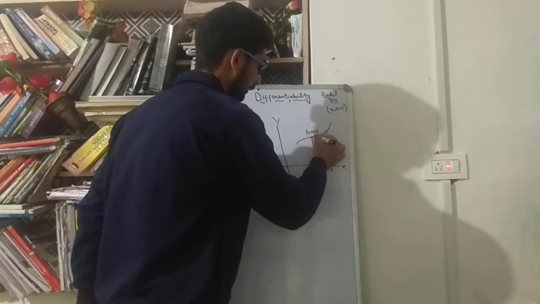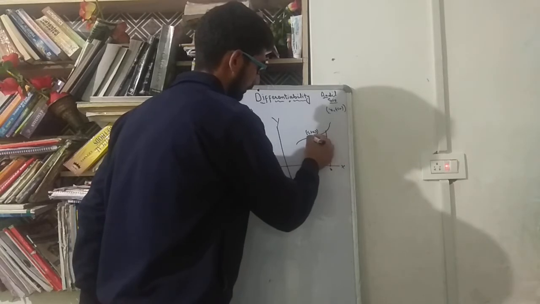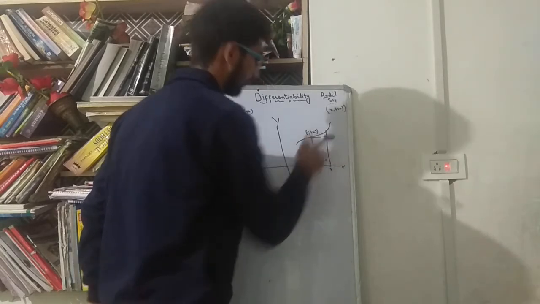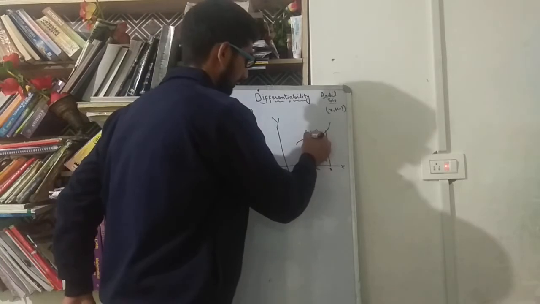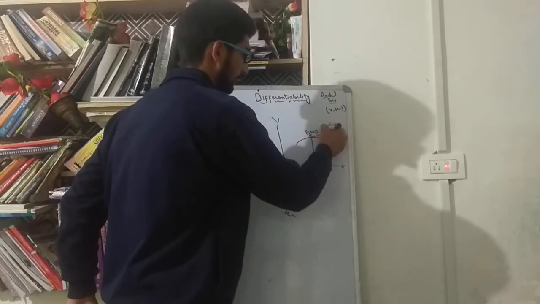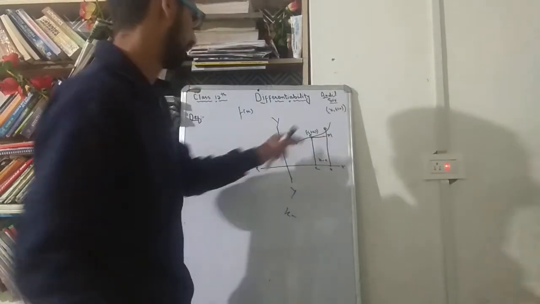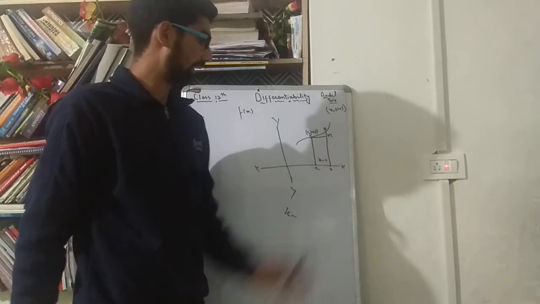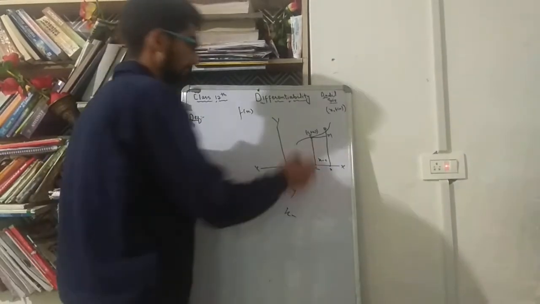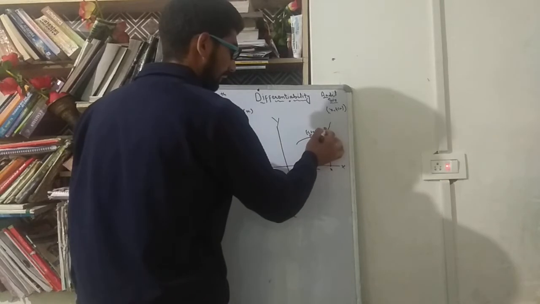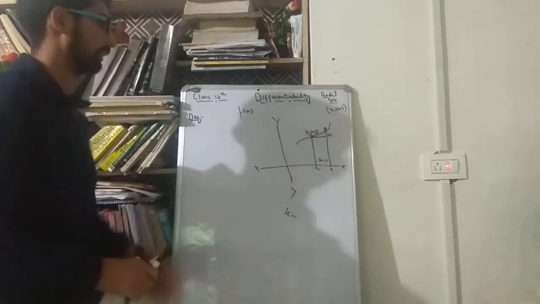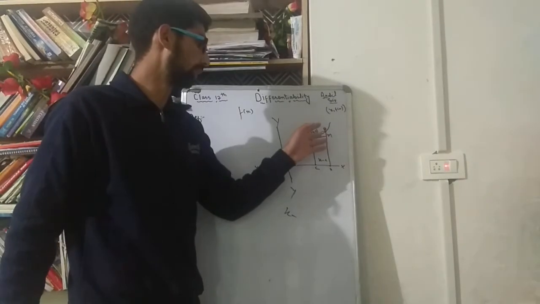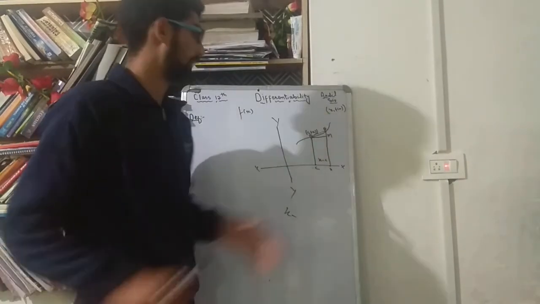If I draw a perpendicular from this point, I will take it as P, this one as Q, and this one as M. If I draw a perpendicular PM on this line, and join P and Q by a line, then clearly PQ is a chord of this function f of x.